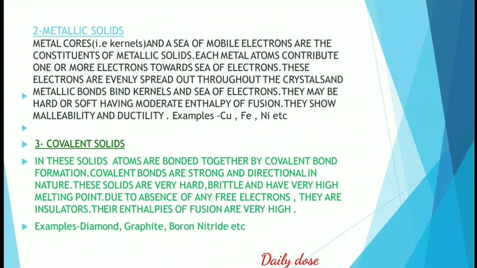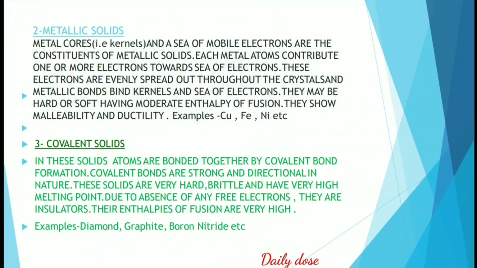In these solids, atoms are bound together by covalent bonds, as the name suggests, and covalent bonds are strong and directional in nature. These solids are very hard, brittle, and have a very high melting point. Due to absence of any free electrons, they are insulators. Their enthalpies of fusion are very high.